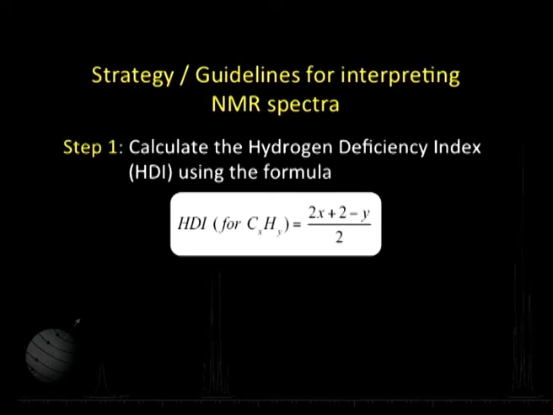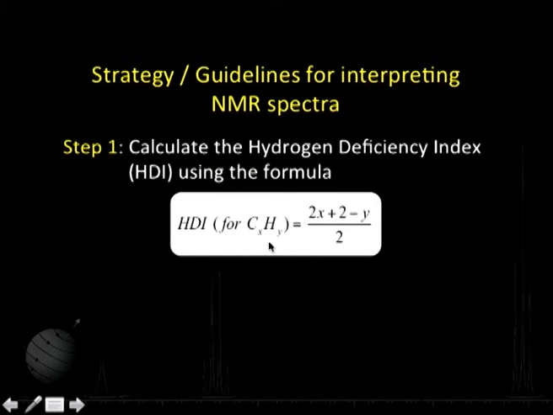Having recalled these correlations, now let us devise a strategy to use all this information to find out the structure of a molecule from its NMR spectrum. The strategy can be put as follows. The very first step is to calculate the hydrogen deficiency index, HDI, for a molecule using the following expression.